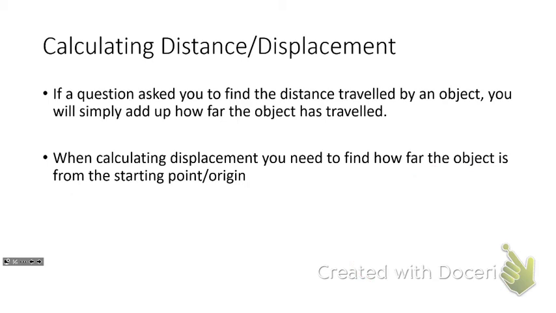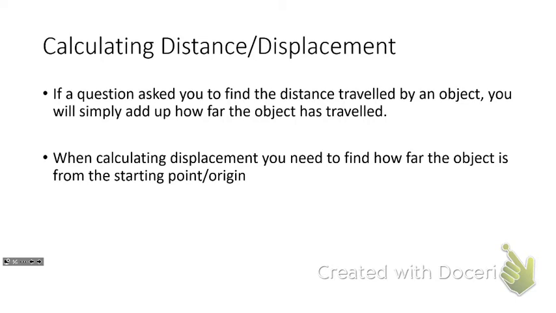When you're calculating distance or displacement, some questions are going to ask you to find both, and like what we just did in our last example, they're not always going to be the same thing. Sometimes they will be though. If a question asks you to find the distance traveled by an object, you'll simply add up how far that object has traveled.